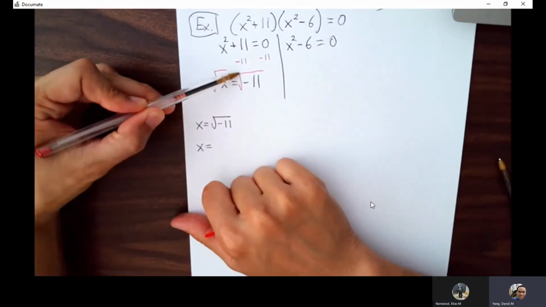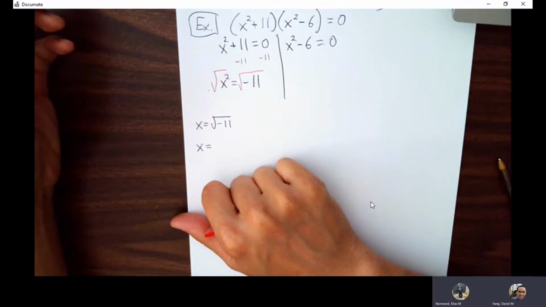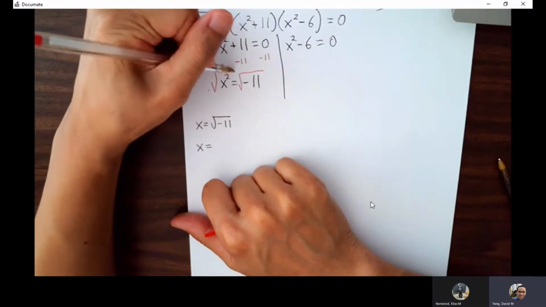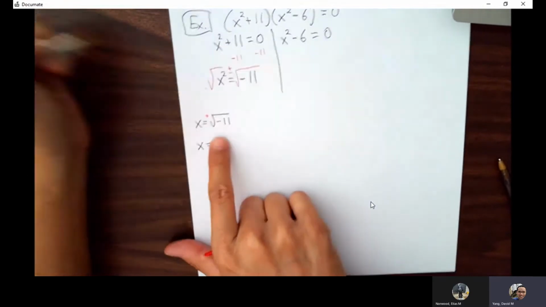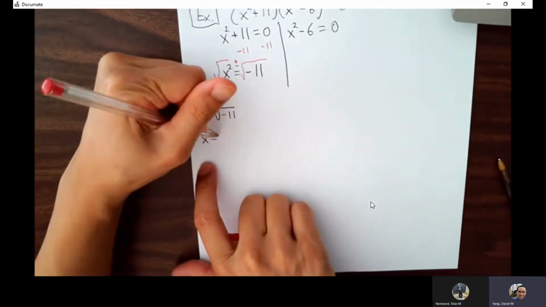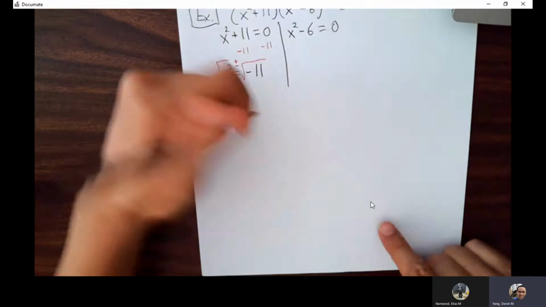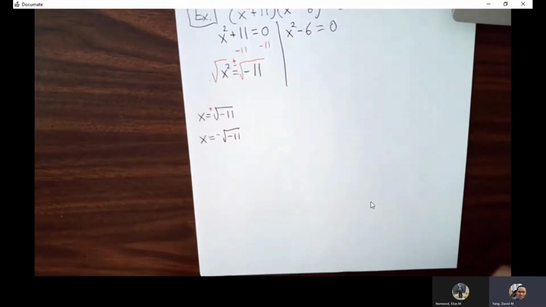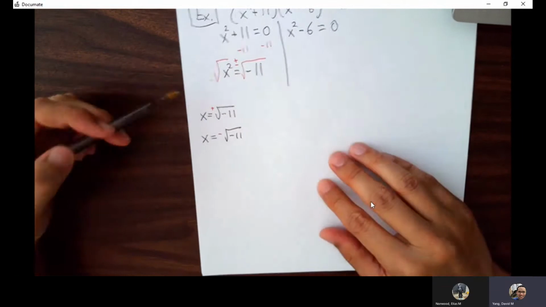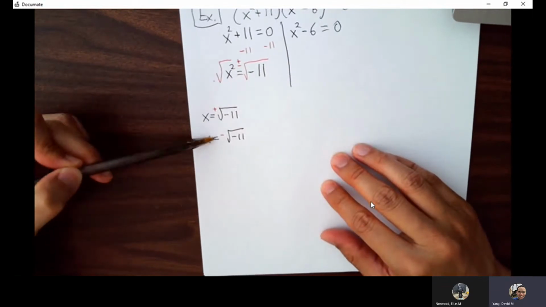Do you remember what happens out here? A plus and negative sign. Yeah. That means these are two separate solutions here. So there's a positive square root of -11, and there's also a negative square root of -11. Right. Does that make sense? We have two separate solutions here.